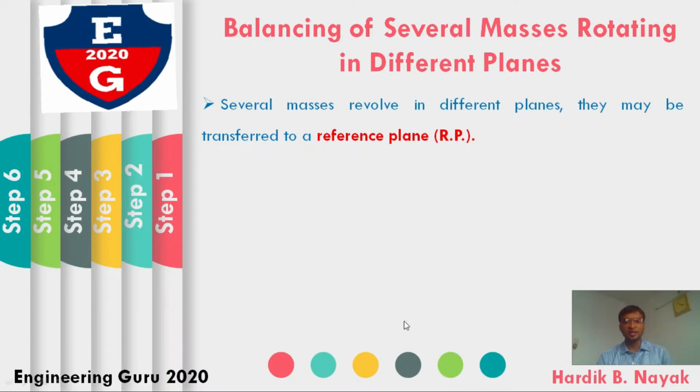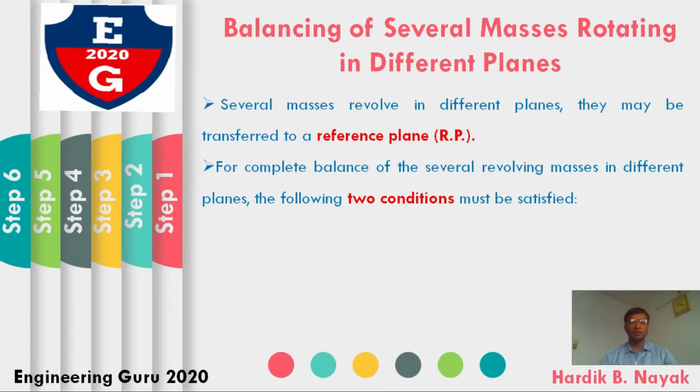Now understand this method. Several masses revolve in different planes. They may be transferred to a reference plane because we must take the distance from the reference plane. So for this we must take one plane as the reference plane.